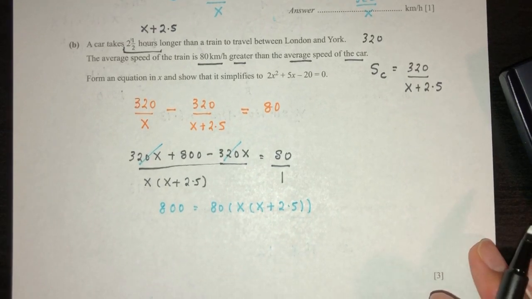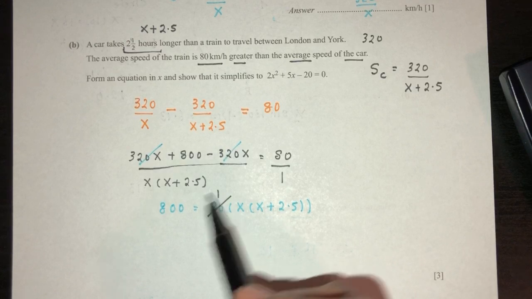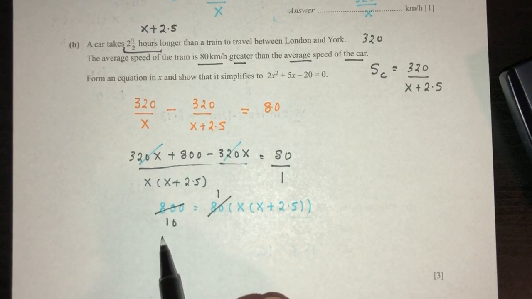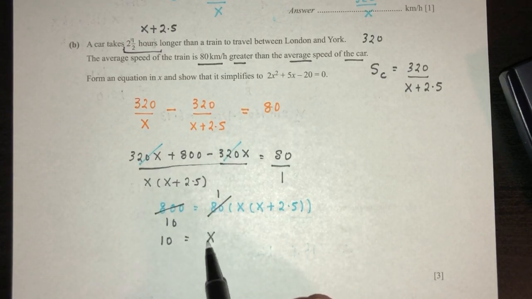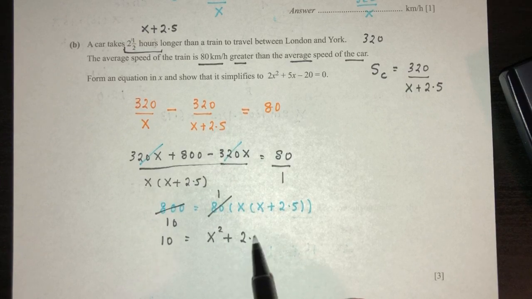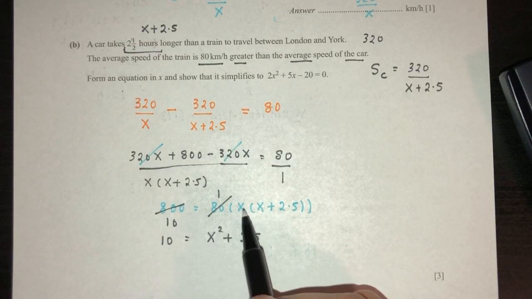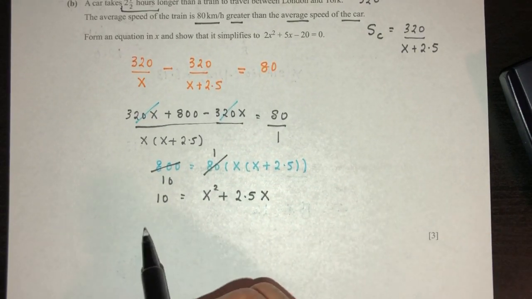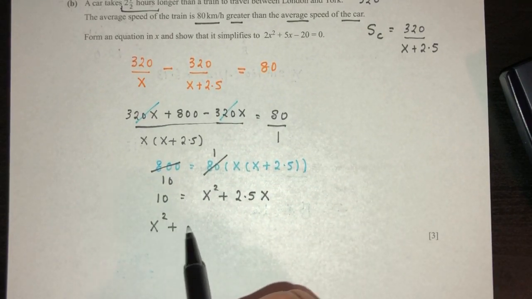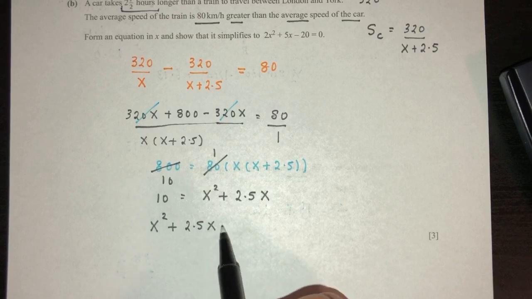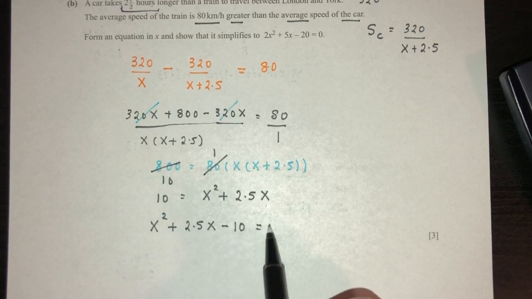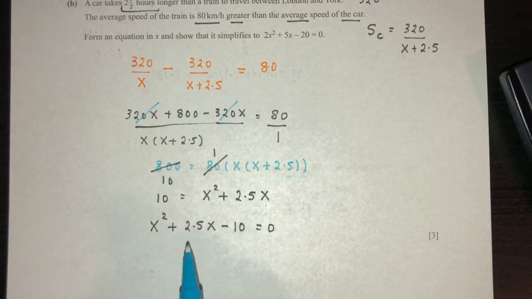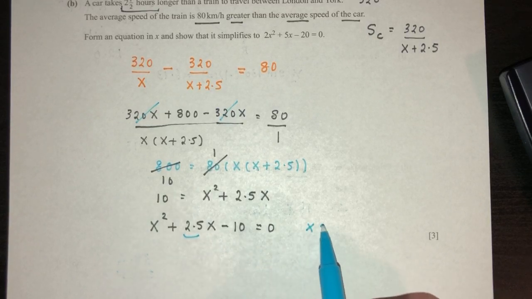Now we can divide by 80 on both sides. 800 divided by 80 will be 10. So you have 10 is equal to x squared plus 2.5x. So let's put everything to one side. You will have x squared plus 2.5x minus 10 equal to 0. But now since we have 2.5 here, we can multiply by 2 everywhere.